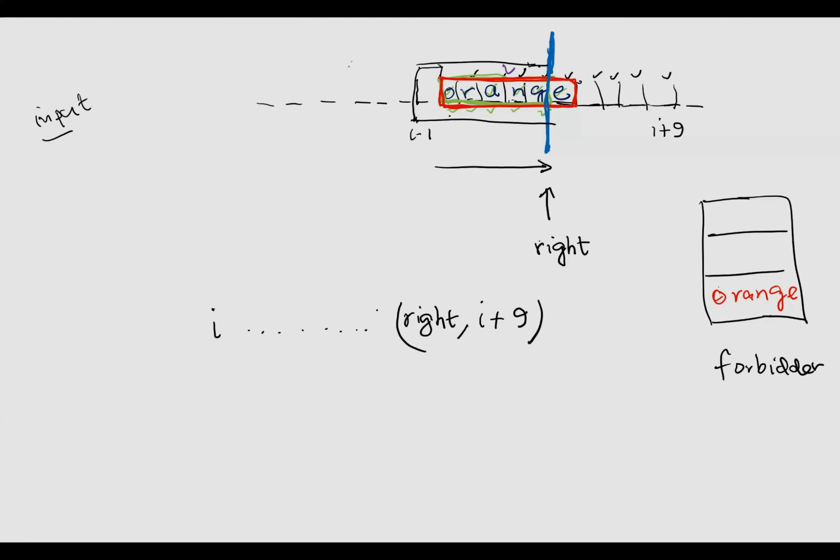That means the minimum of the two. So from index I, when I am checking the validity of a substring, I will go either to index I plus 9, that means 10 characters, or to the right boundary.